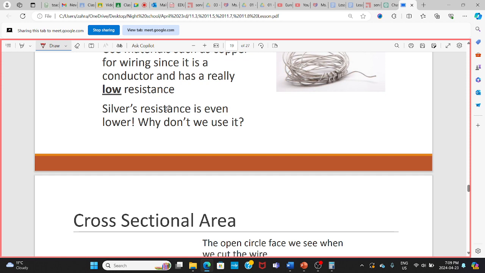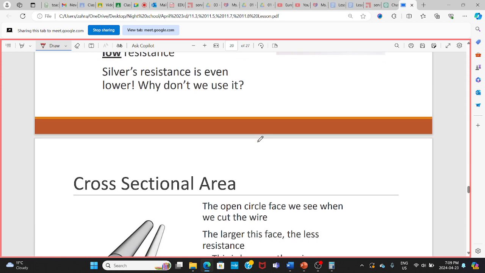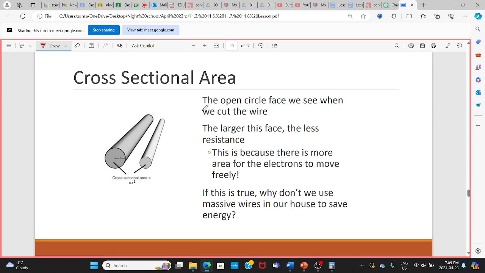Silver's resistance is even lower. Why don't we use it? Because it's expensive. So cross-sectional area is another thing that affects the resistance. The larger the face, the less resistance. Okay. This is because there is more area that the electrons can move through freely.